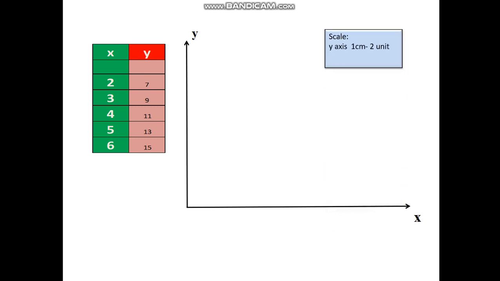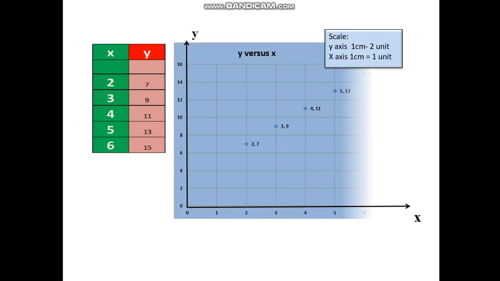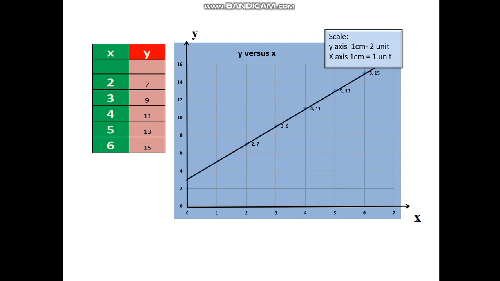Y-axis 1 centimeter is 2 units, x-axis 1 centimeter is 1 unit. This is the graph that you get. Now if you join the points with a line, then what do you get? This one. See the point where the line ends. It is not 0, 0 origin, but a little above. So this equation is different.